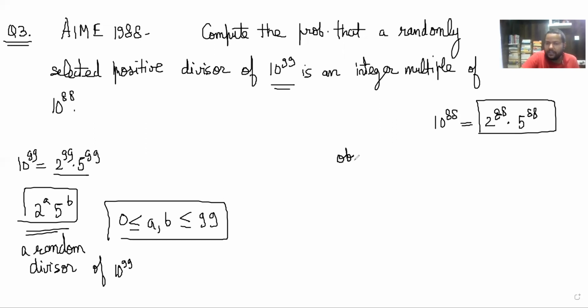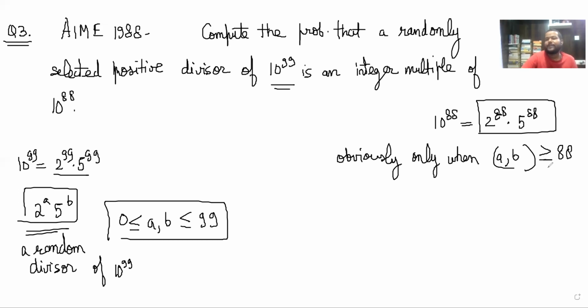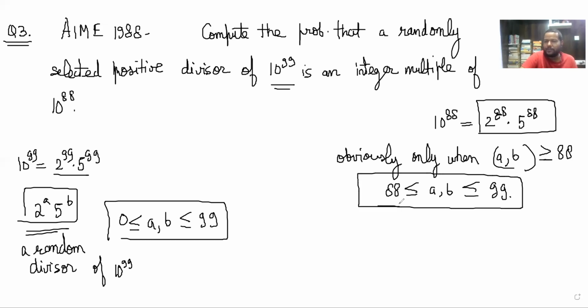Obviously, only when A comma B are both greater than or equal to 88, right? Both of them have to be greater than or equal to 88. So they have to be from 88 to 99. 99 is the maximum possibility for that. So A and B both have to be from 88 to 99. Only then will this number be divisible by that number, right?